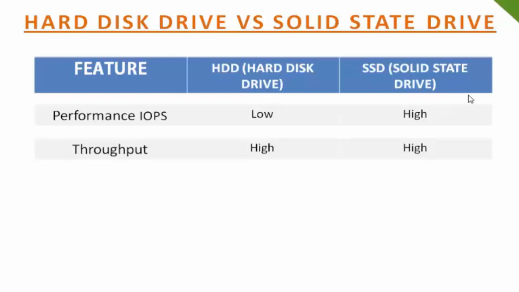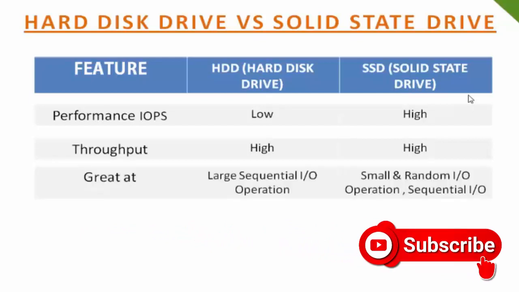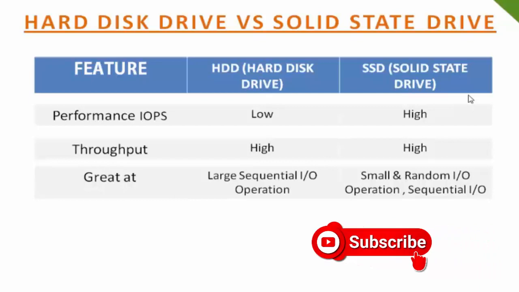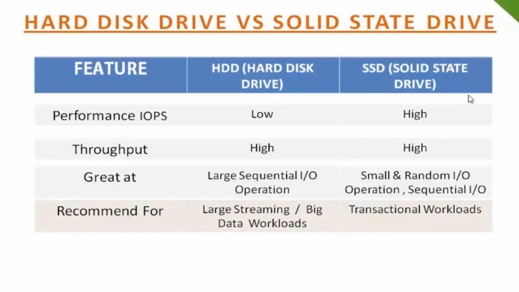At that time, HDD is high and SSD is also of high quality and also high. HDD is great at large sequential input output operations, whereas SSD is good at small random input output operations. Next is the recommendation for large streaming or big data workloads. It's recommended to use HDD for large streaming and big data workloads. For transactional cases, you can use SSD. The transaction workload is very good when you use SSD.